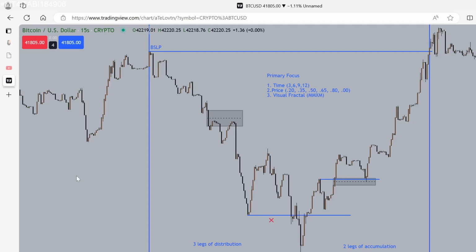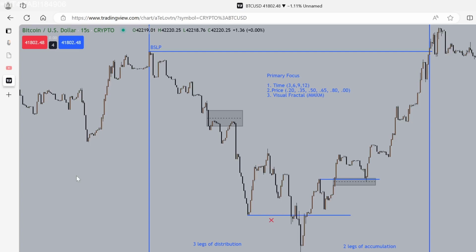So I want you guys to go back in your charts and study these times of the day: 3 a.m., 6 a.m., 9 a.m., 12 p.m., 3 p.m., 6 p.m., 9 p.m. Go back and study on an hourly chart and see when the highs and the lows of the day form, especially on indices, crypto, gold.